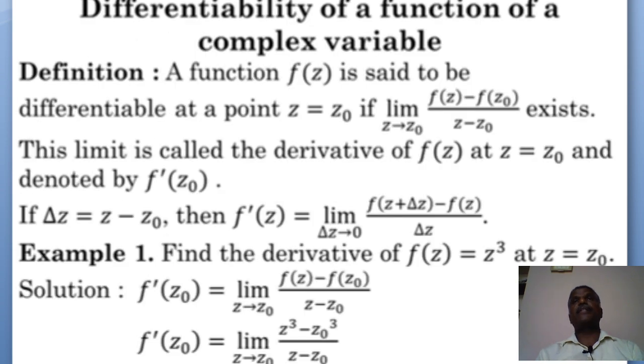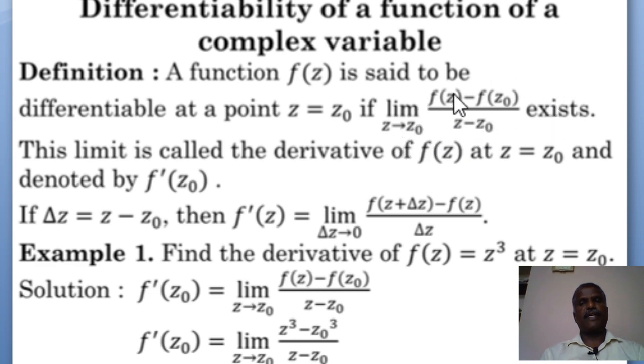Next we have to see the differentiability of functions of a complex variable. As we define it for real functions, here also we have the same formula. A function f(z) is said to be differentiable at a point z = z naught if the limit of (f(z) minus f(z naught)) by (z minus z naught) as z tends to z naught exists.